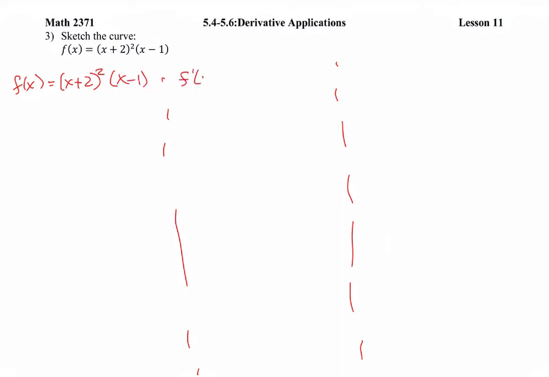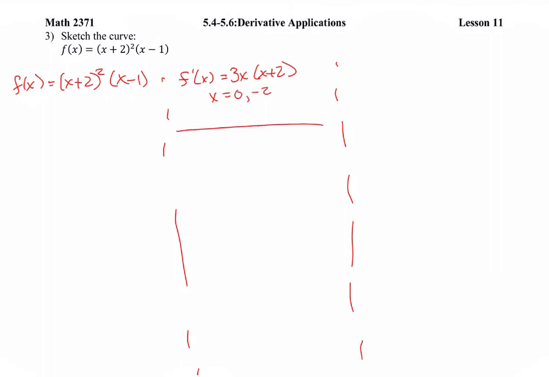F prime of x equals, and I'm going to go straight to the simplified derivative from the last section, 3x times x plus 2. So I found that x equals 0 and negative 2.